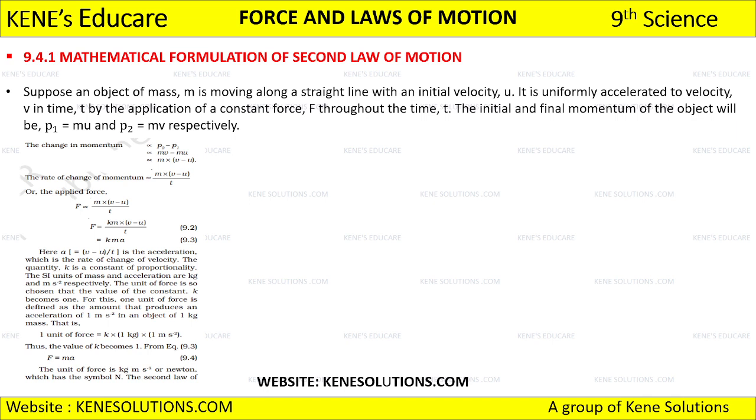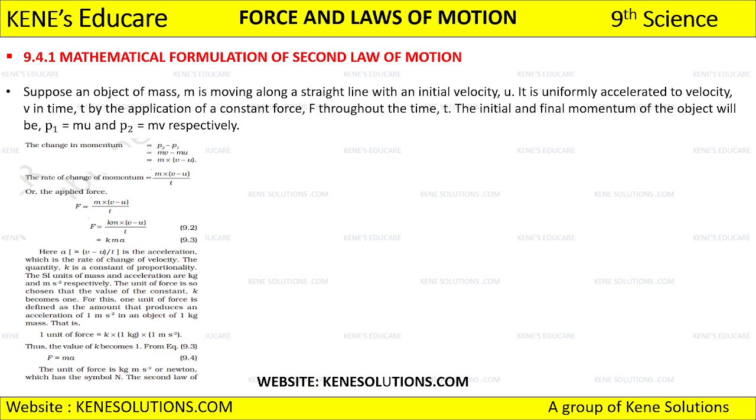Okay, or when we have the applied force, we know applied force is denoted as f, then that force will be directly proportional to m into v minus u upon t, the same thing. It's just that we know f is equal to, we have added k, the constant of proportionality, so k m into v minus u upon t.